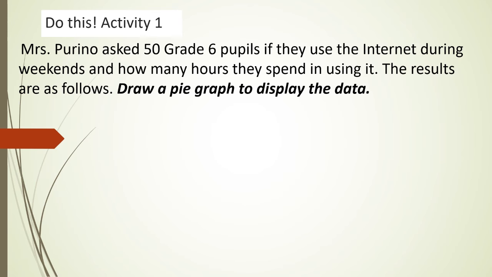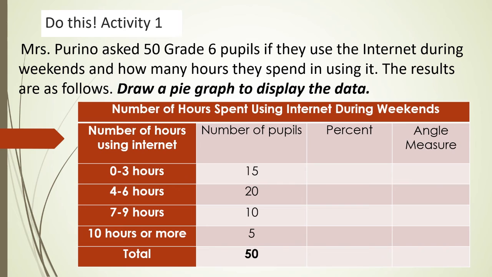Okay, so let us have our activity. Mrs. Porino asked 50 grade 6 pupils if they use the internet during weekends and how many hours they spend in using it. The results are as follows.